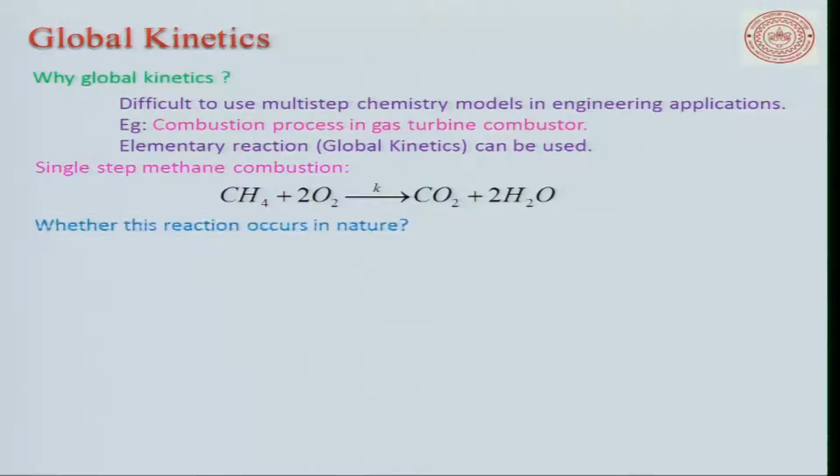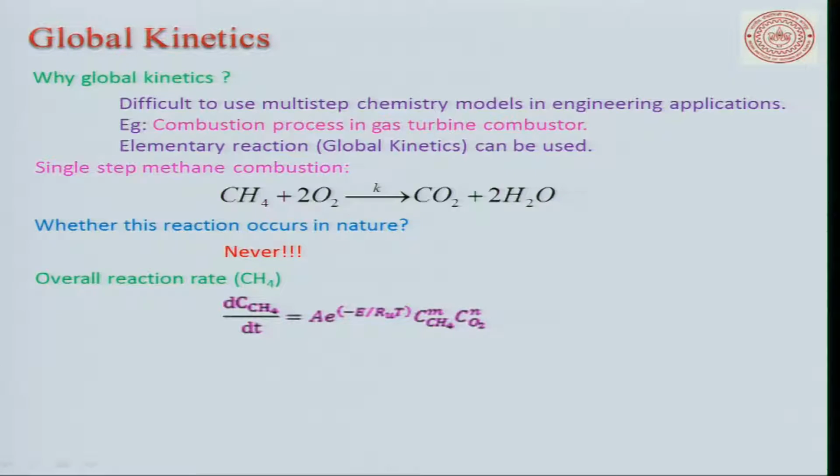Whether this reaction occurs in nature or not, certainly no, it can never occur, but we will be interested in the overall reaction rate, that is d[CH4]/dt equals minus A e to the power minus E by R_u T, times [CH4] to the power m and [O2] to the power n.